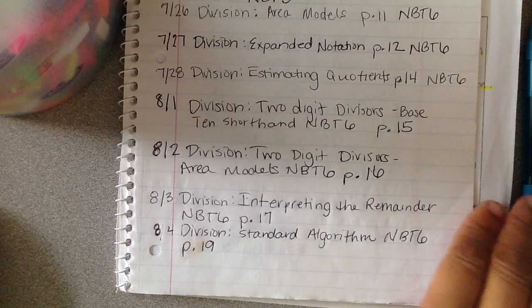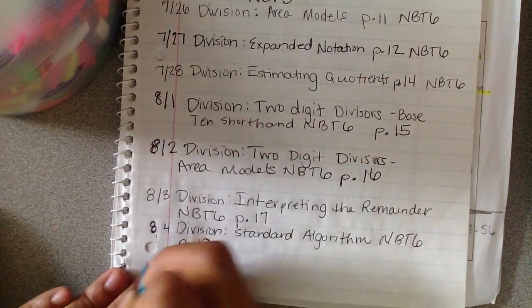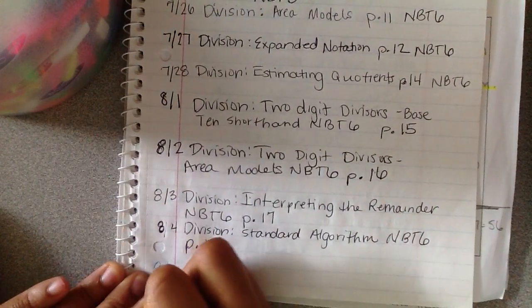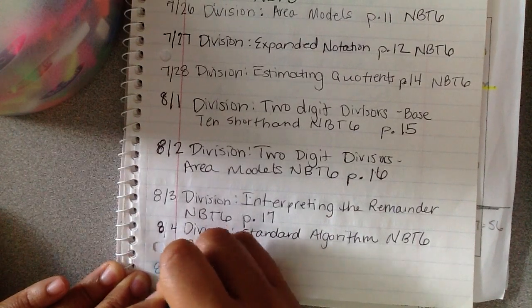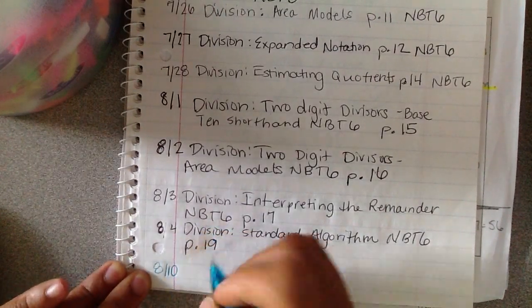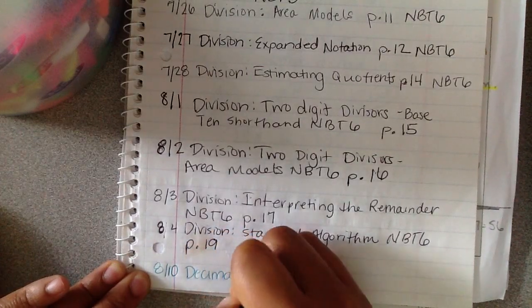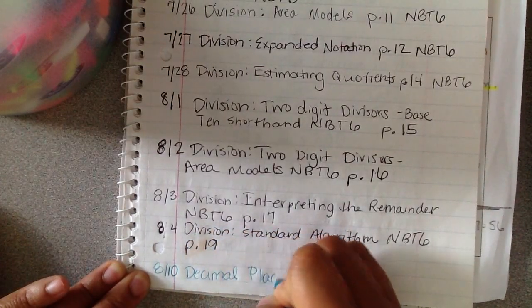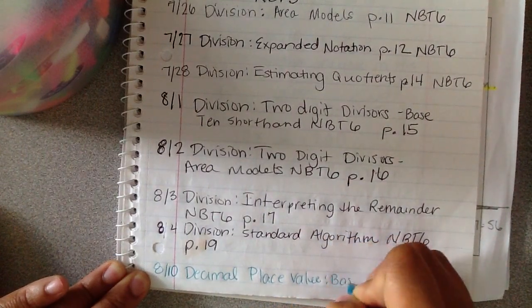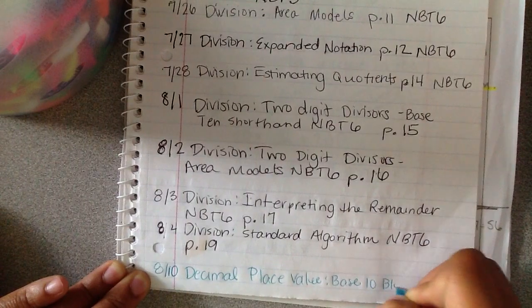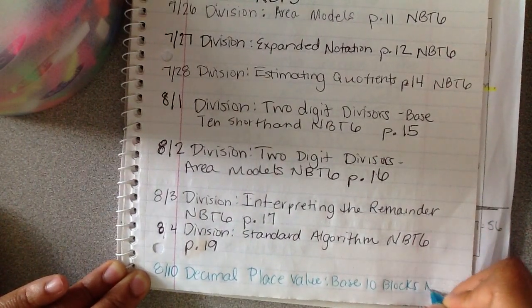Today in our table of contents, we're going to talk about decimal place value with base 10 blocks. Okay, so I'm going to add the date. So this is decimal place value, base 10 blocks, and this is MBT3.